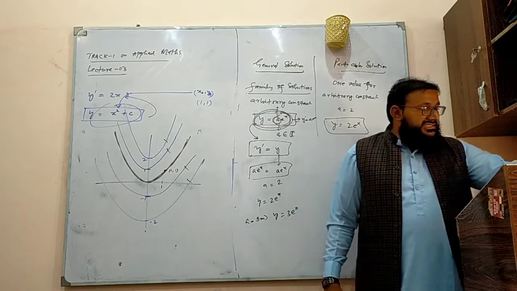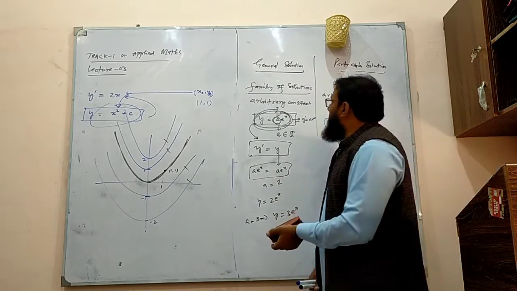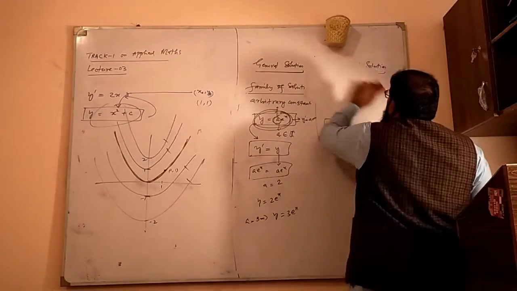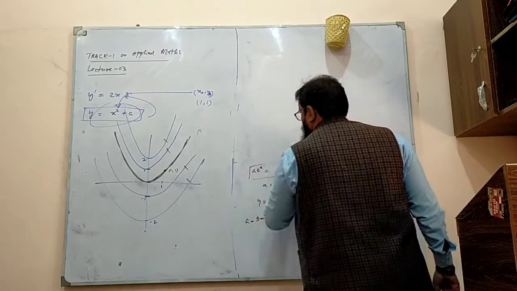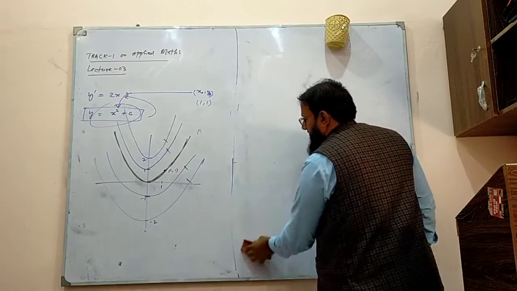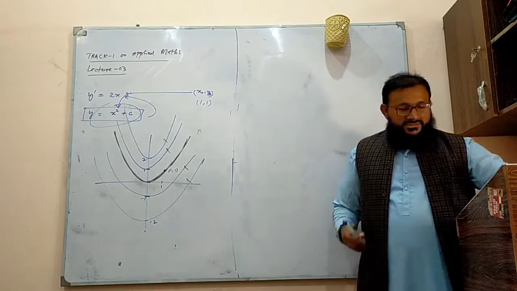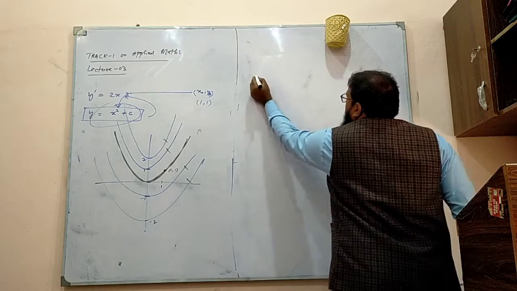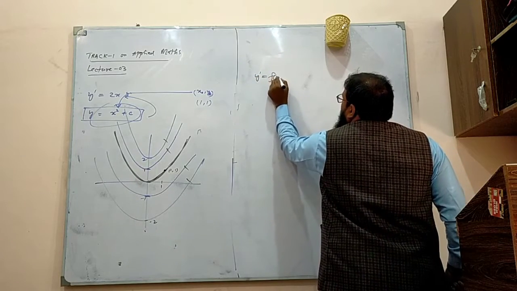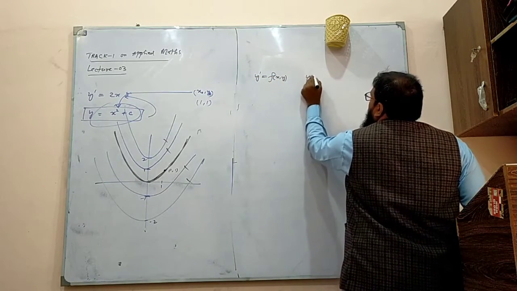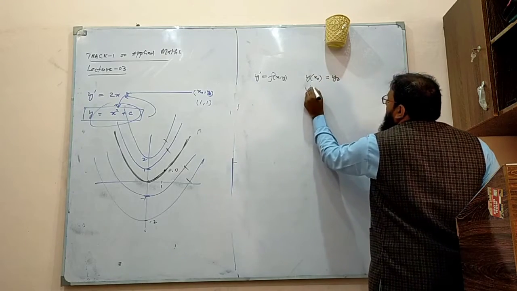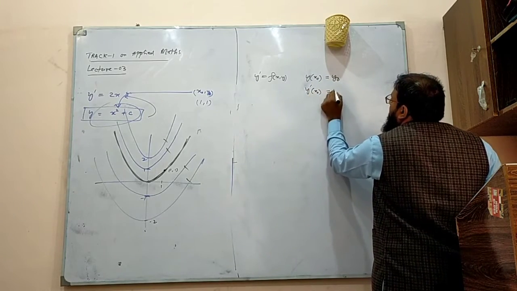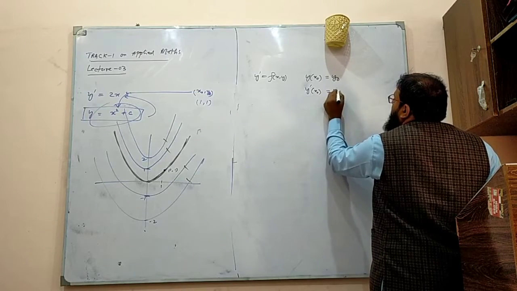Okay, so let us discuss what are initial conditions and what are boundary conditions. Given a differential equation y prime is equal to f of x comma y, and you are given some conditions y of x naught equals y naught, and y prime of x naught equals, let's say, y1.